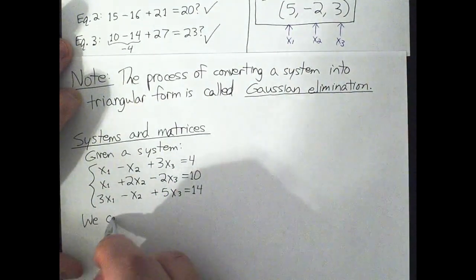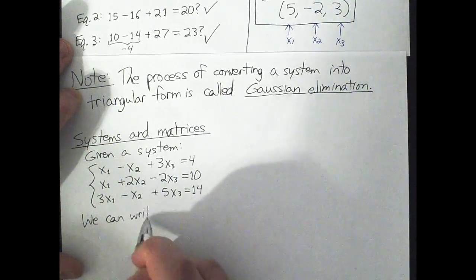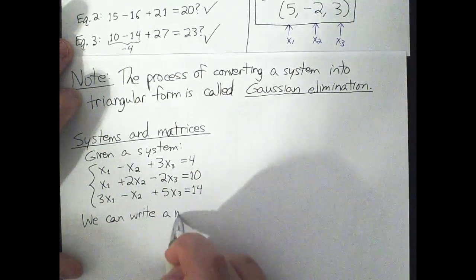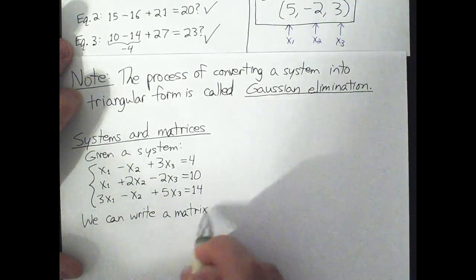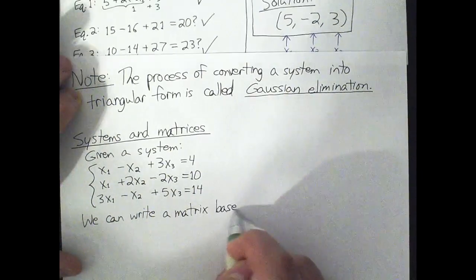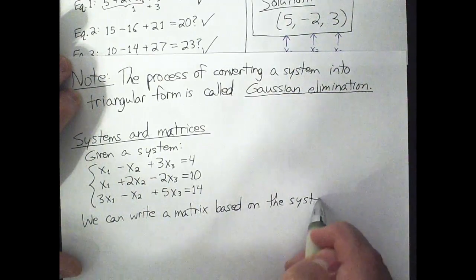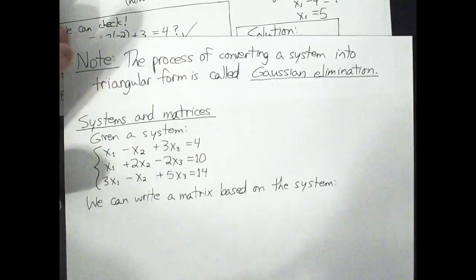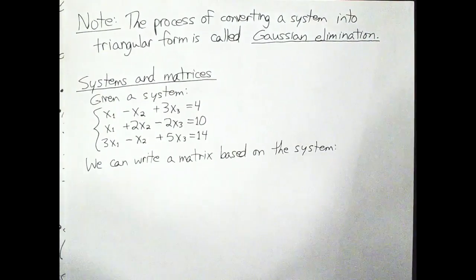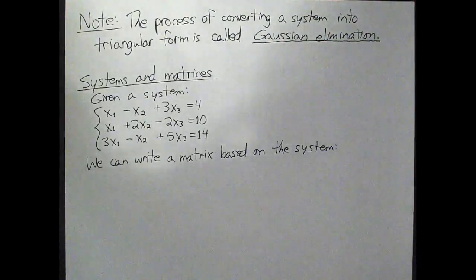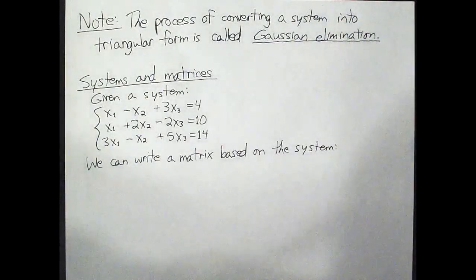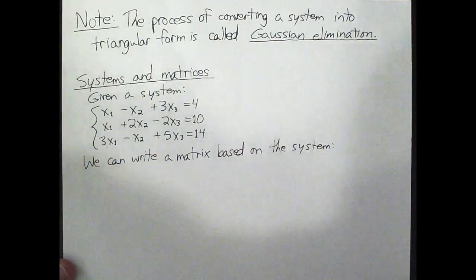I'm going to say we can write a matrix based on the system. Here, let's move this up. If you think about the previous problem we did, where every step that we did, I kept copying down equation 1 and equation 2.